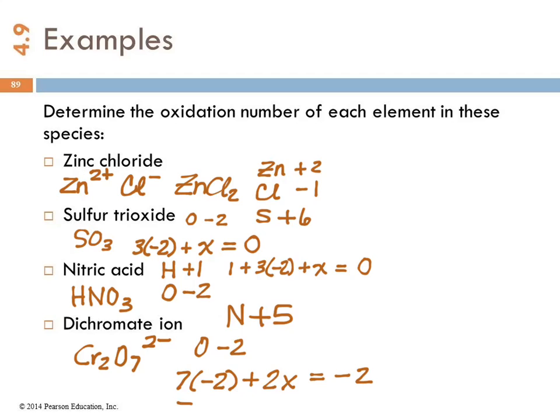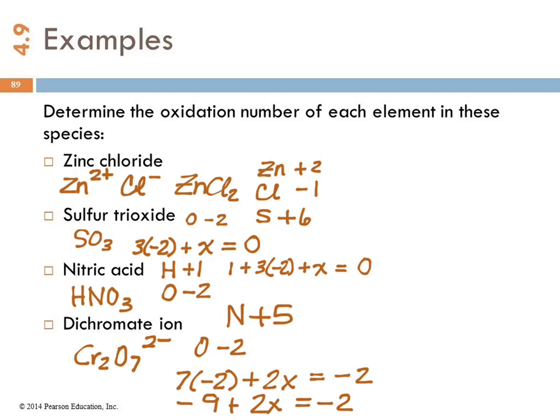Okay, so this is minus 14 plus 2x equals minus 2. So I put the 14 on the other side, and I get plus 7, right?